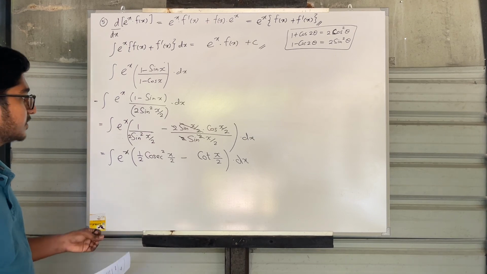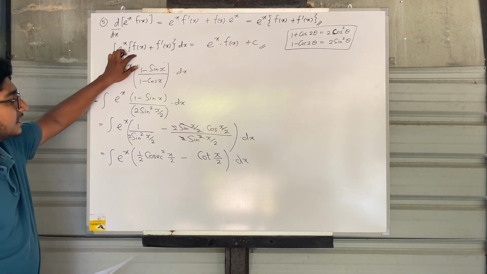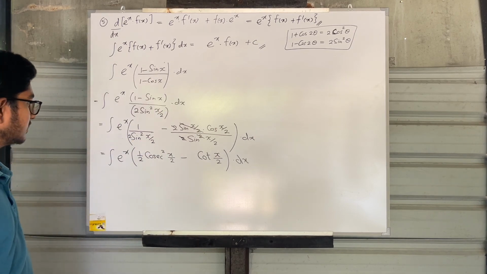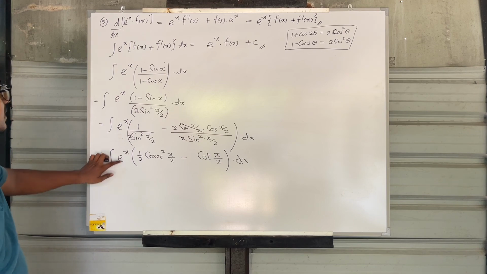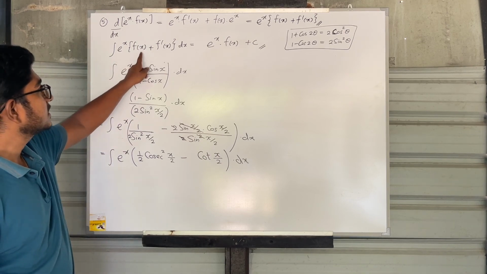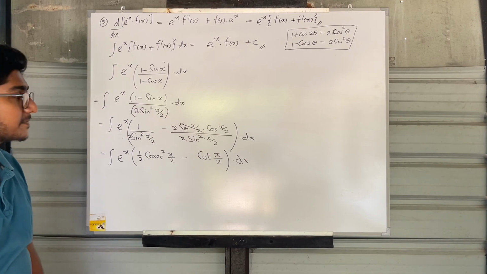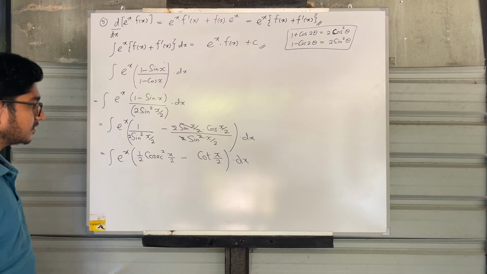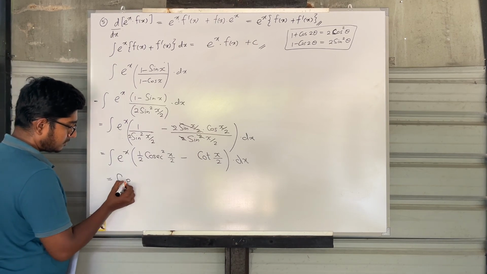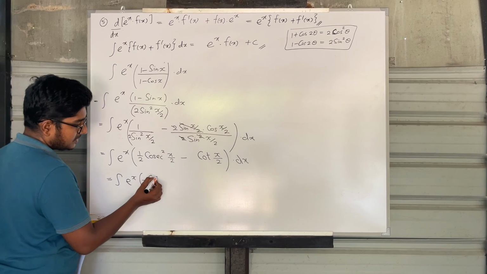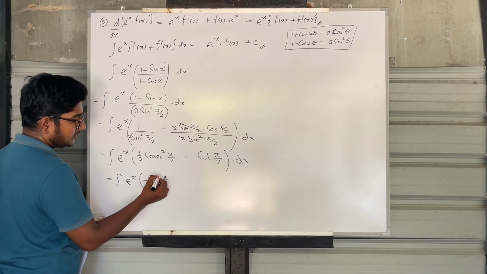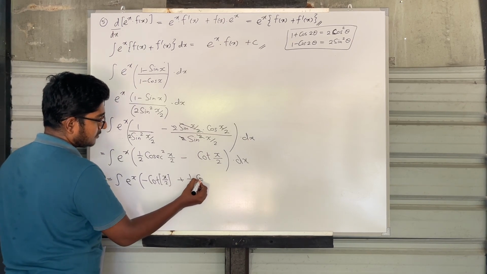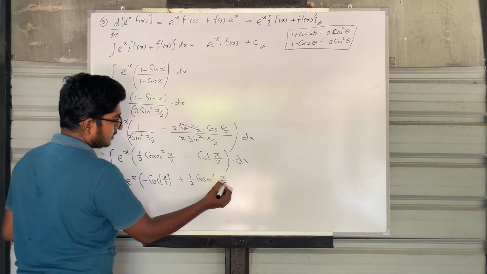මේ result එක ගන්න ඕන නම් මේකට මේ තියෙන එකමයි මෙතන තියෙන්නත් ඕන. e to the power x is there. Then we should have a function plus the derivative of that function. So this should be the function: minus cot x over 2 is the function. This is the angle. This is half cosec squared x over 2.